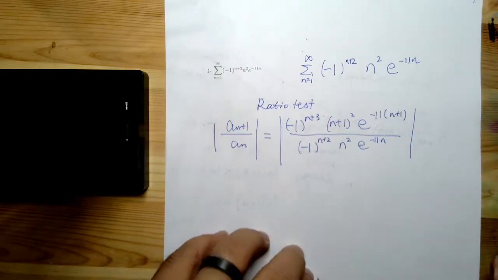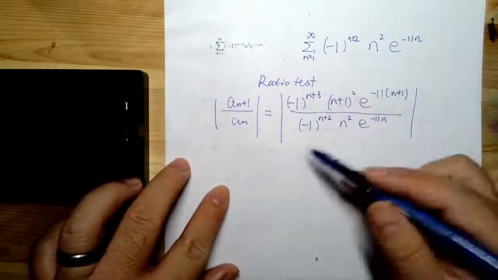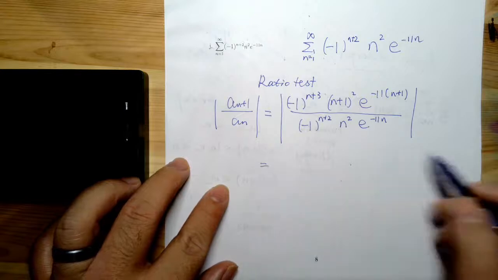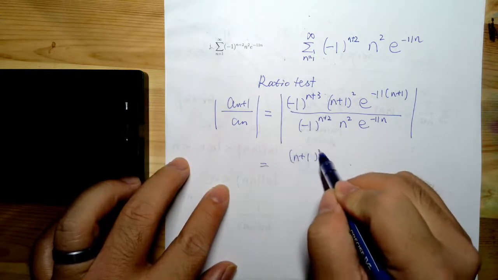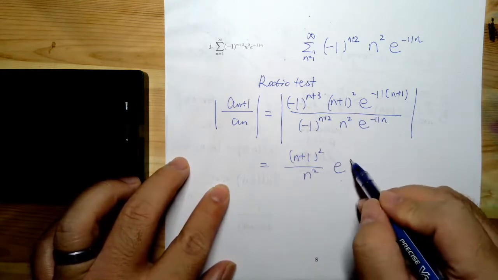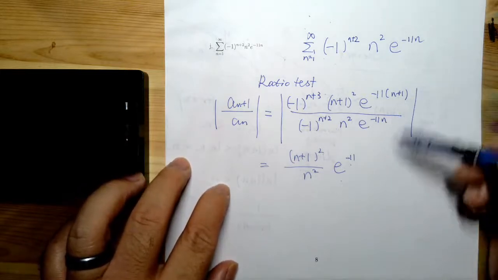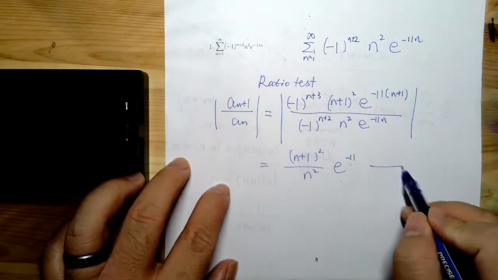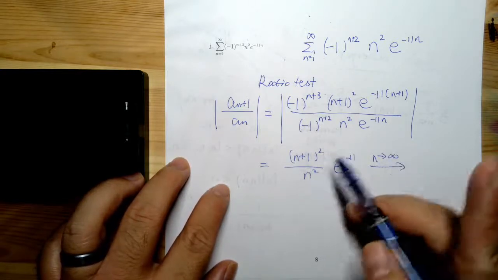It turns out that we can drop this alternating term because we have the absolute value. And also we have (n+1)^2 over n^2, times e to the power of negative 11, because the rest of the e to the power of negative 11n cancels out. Now if you take the limit as n goes to infinity, this part is going to be 1.